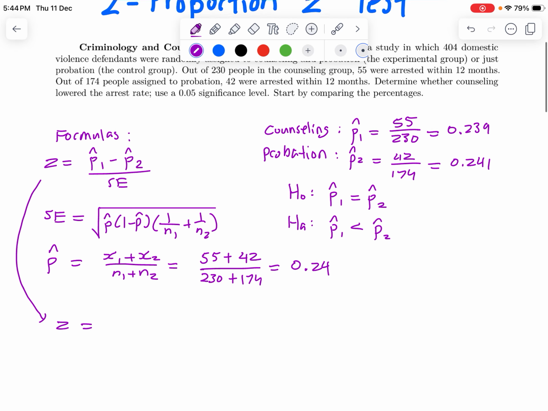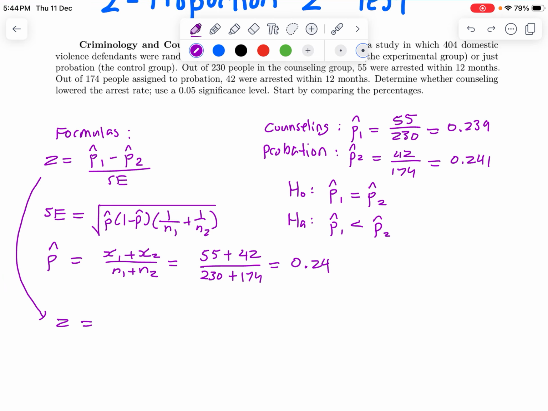The z-score in this case is p hat 1, which we already found, minus p hat 2, over the standard error.